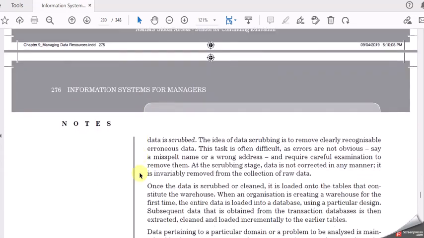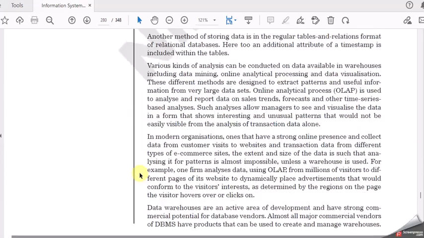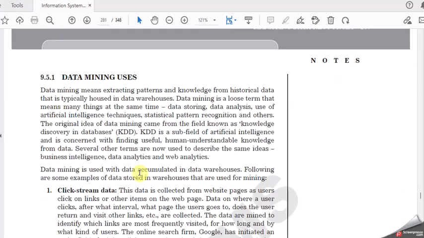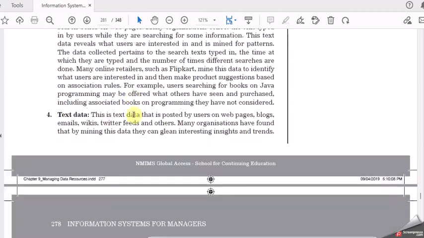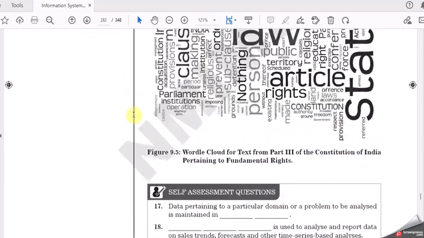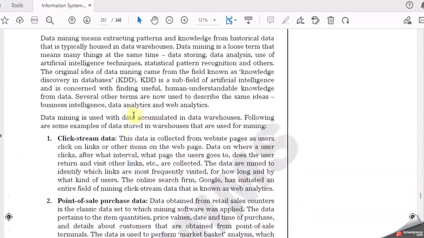Here we have information on how the data has been taken and how it has been stored. And second comes data mining uses. So you can try to get information from here.